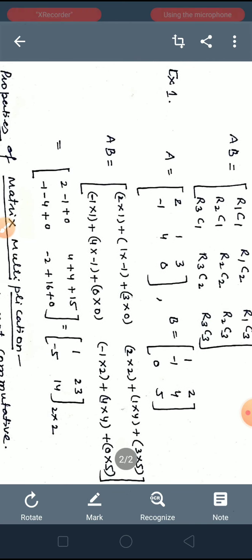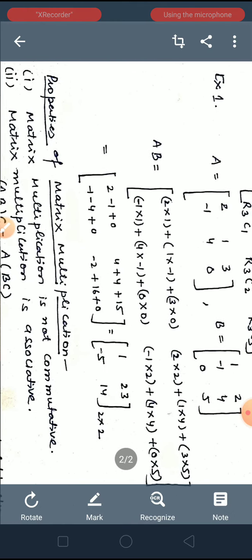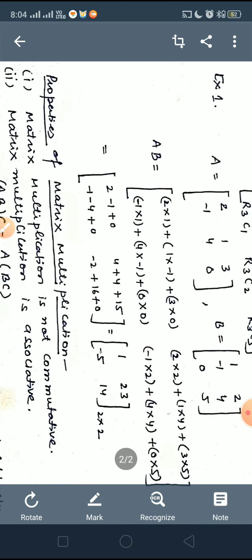And similarly R1 of 2 1 3 and C2 of the second matrix will form the a12 element: 2 into 2, 1 into 4 and 3 into 5. Similarly we do for elements a21 and a22. In this way we got our matrix 1 minus 5 23 14 of order 2 cross 2.